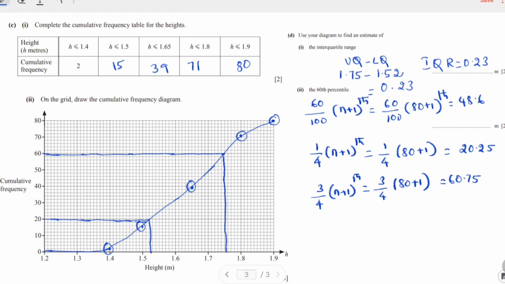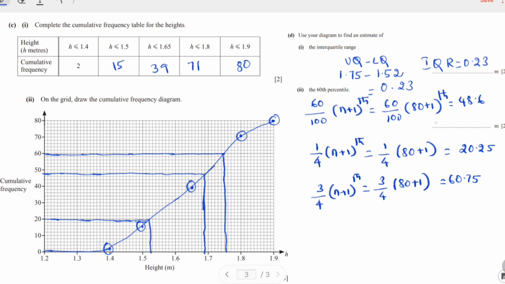Let me consider a horizontal line, allow it to meet the curve and drop a vertical line from there to meet the x-axis.